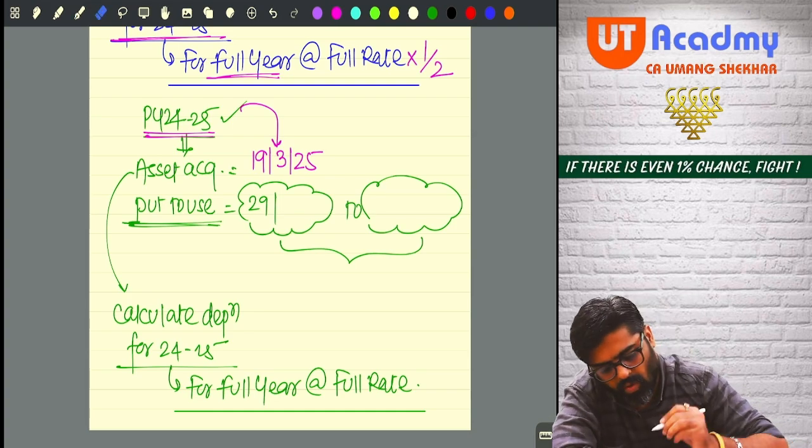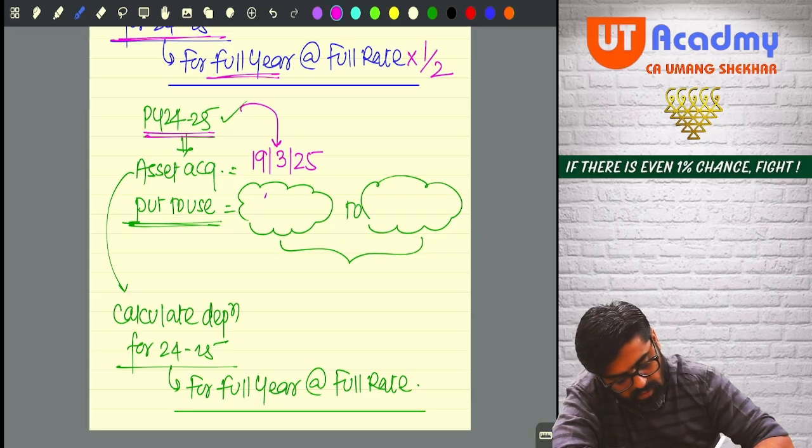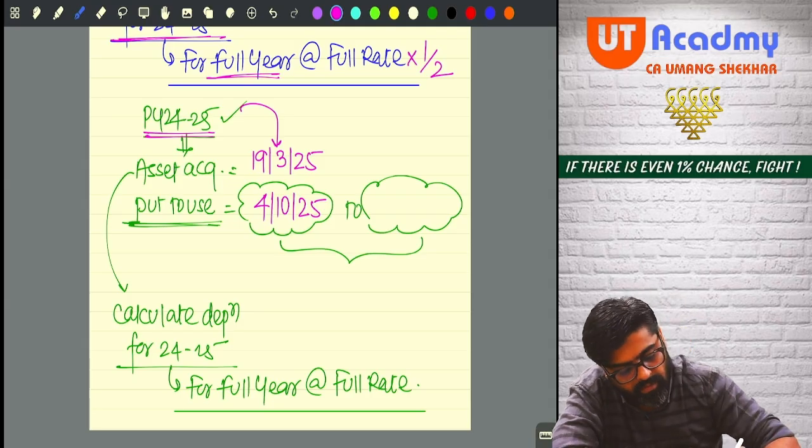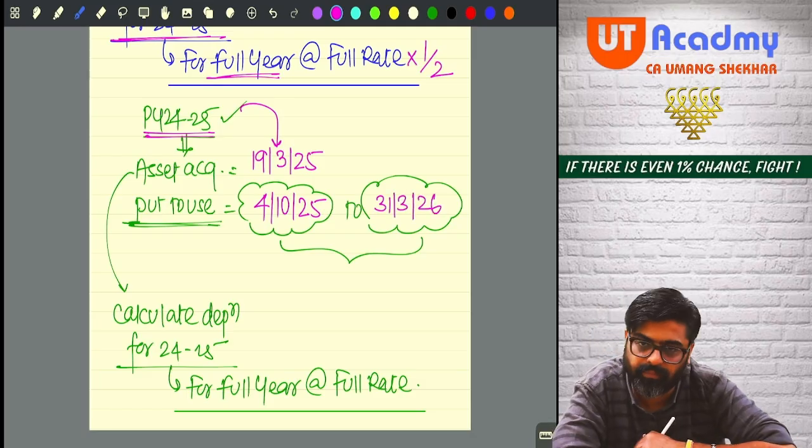What happened? It was put to use on 4th October 2025. So from 4th October 25 till 31st March 2026, for how much time was the asset used?